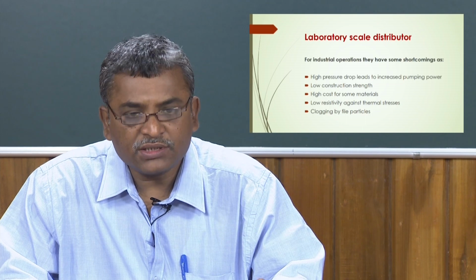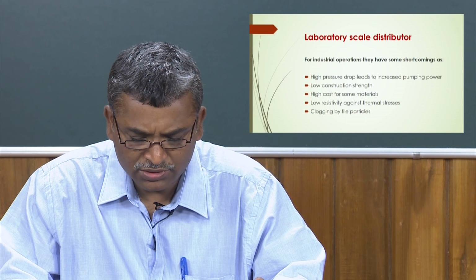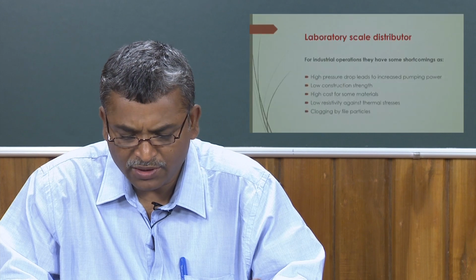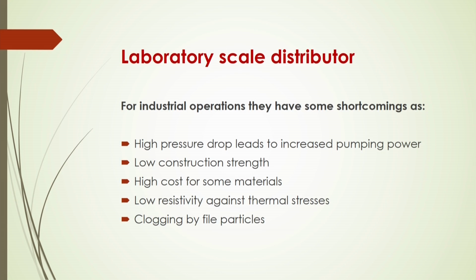Now, for industrial operations, the laboratory scale distributor has some shortcomings, like high pressure drop, which may lead to increased pumping power, low construction strength, high cost for the same material, and low resistance against thermal stresses, and there is a possibility of clogging by fine particles.